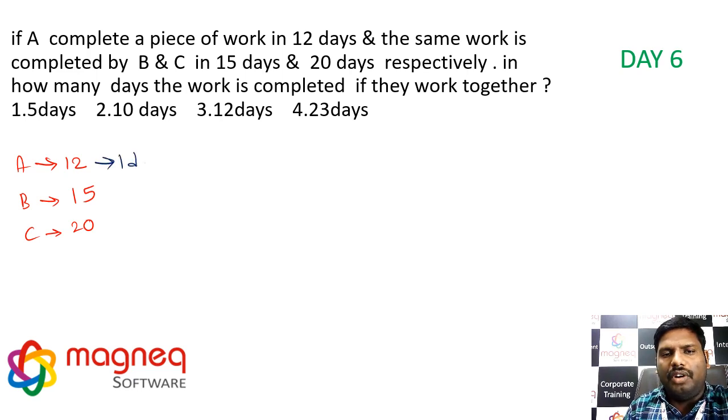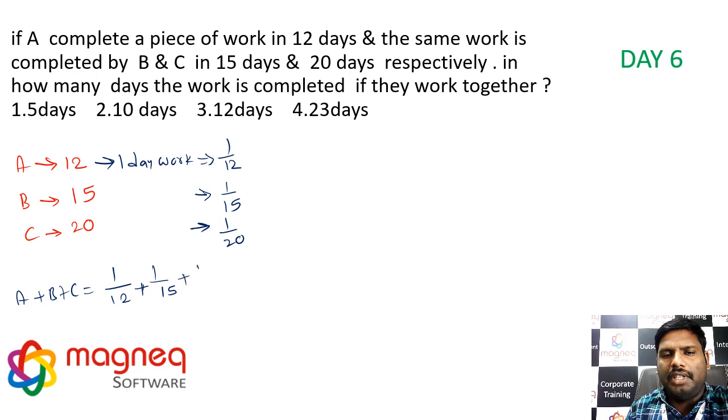One day work of A is 1 by 12, of B 1 by 15, of C 1 by 20. So working together, A plus B plus C, 1 by 12 plus 1 by 15 plus 1 by 20.